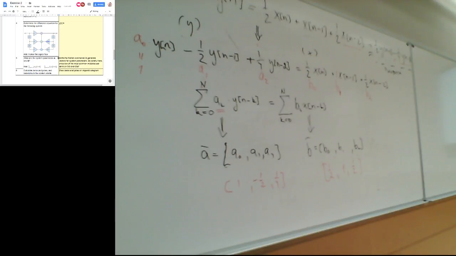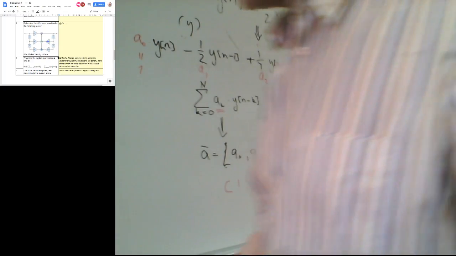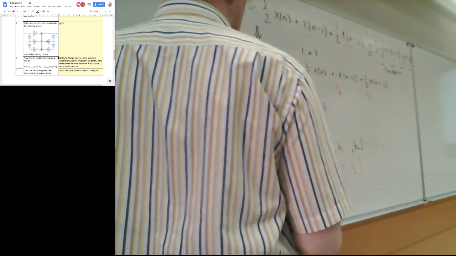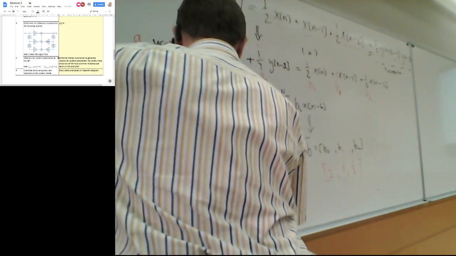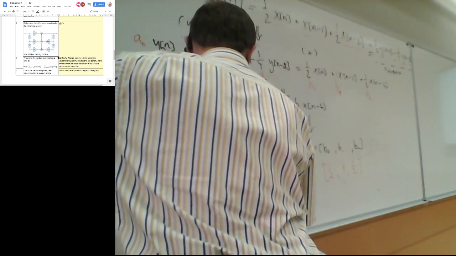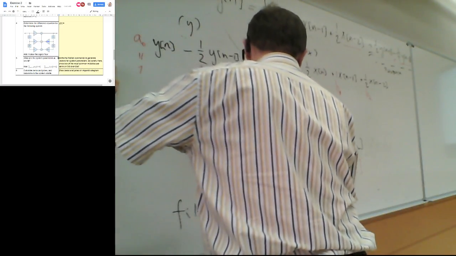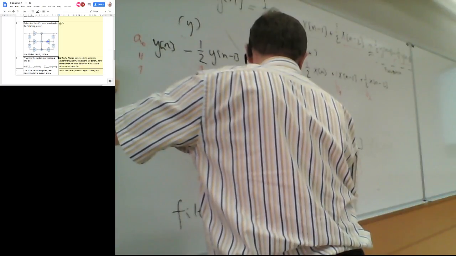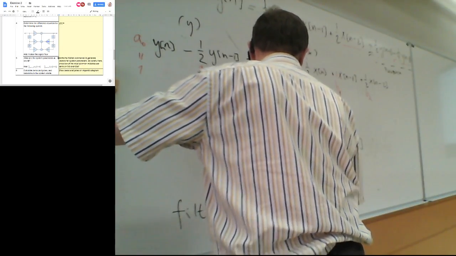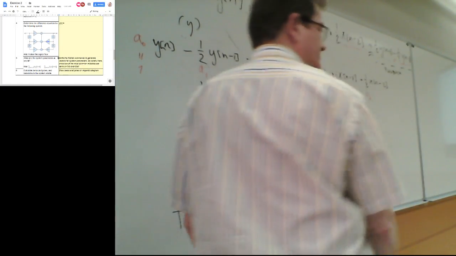So that's more useful. Now we can actually start playing around with the system. For example, that filter command takes parameters b and a and the input x in that order.